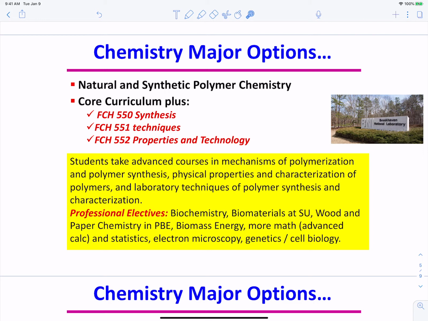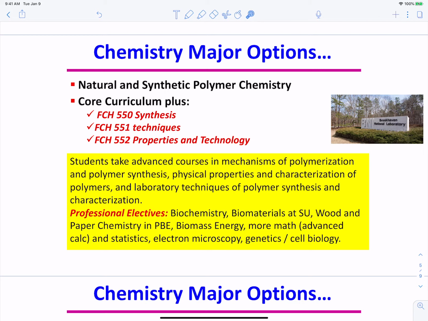And these courses within polymer really are talking about the mechanisms of polymerization and how you make these different polymers, how you adjust their properties, both their physical properties and also the characterization of these polymers. Associated with this, you would most likely be taking some professional elective courses associated with polymer chemistry.